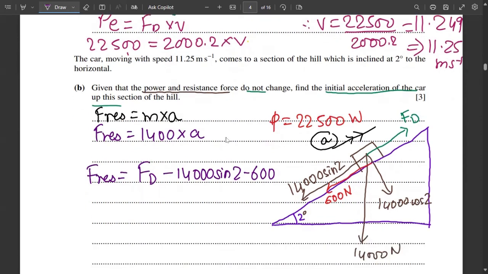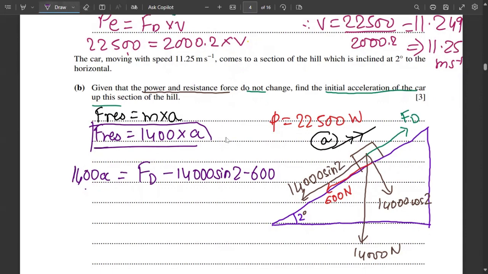And what is F resultant? 14,000 alpha. So instead of this F resultant, I can write 14,000 alpha simply. So let me do that here. 14,000 alpha is equal to FD minus this.